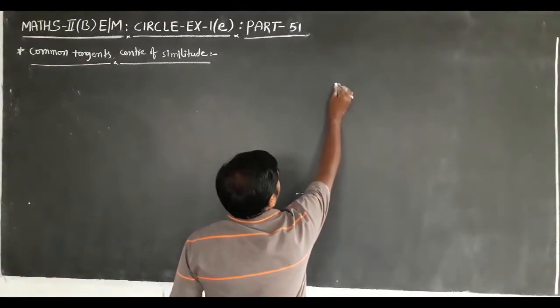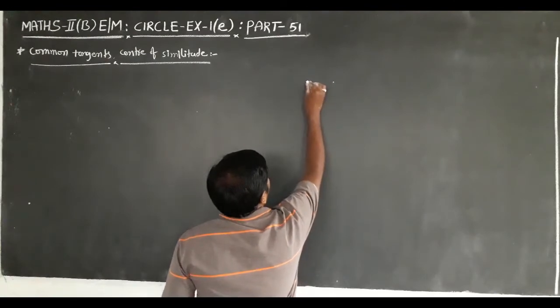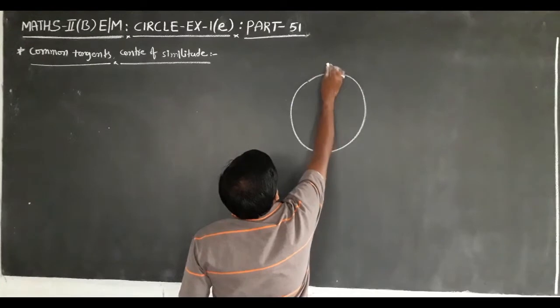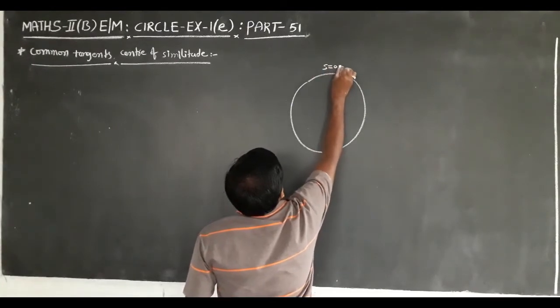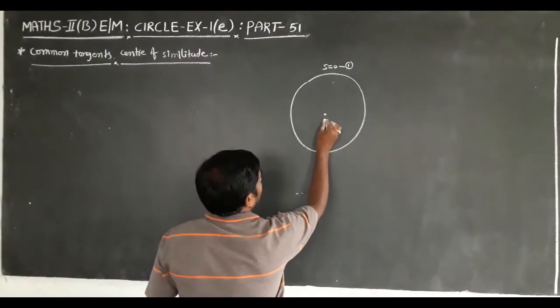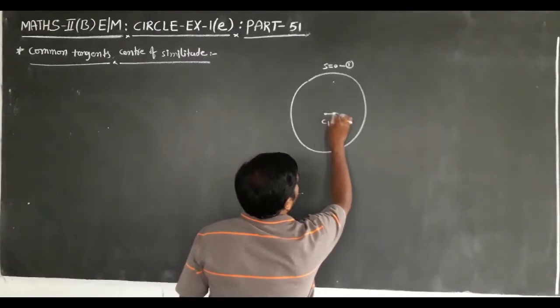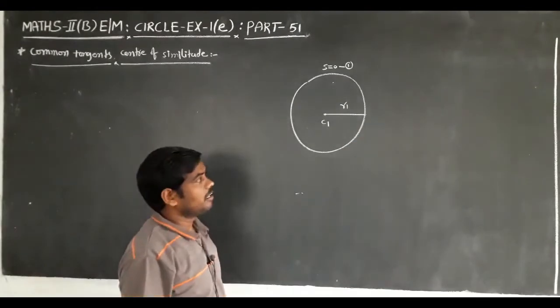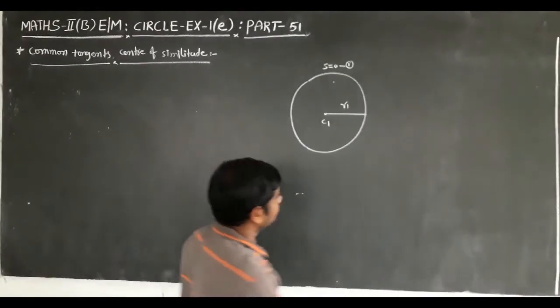Centers of similitude. This is the circle S equals 0, the first circle. C1 is the center and R1 is the radius of the first circle.